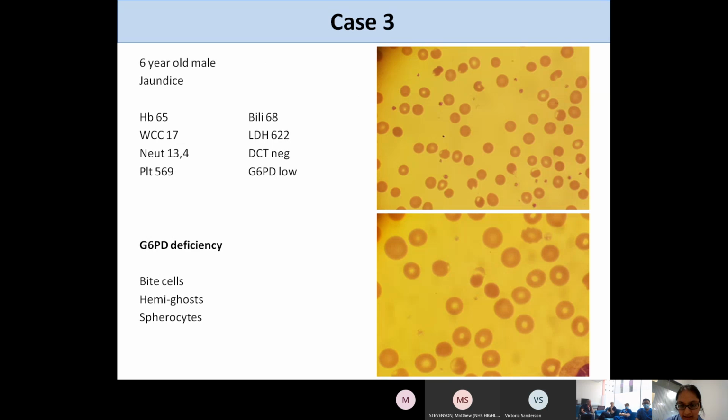The changes that we can see are bite cells, so these guys here, hemighosts, where part of the red cell seems to be empty of any staining, and there are a few little spherocytes dotted about as well.